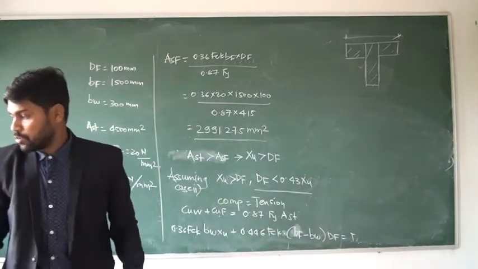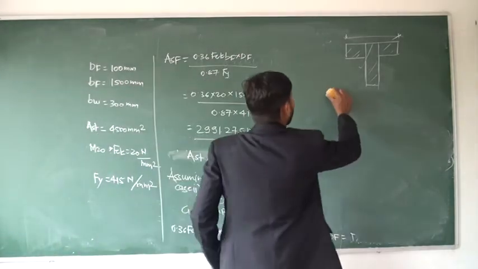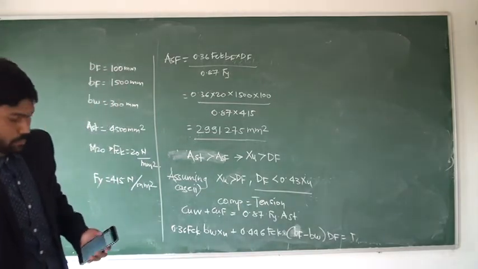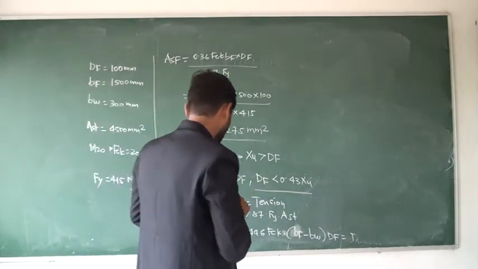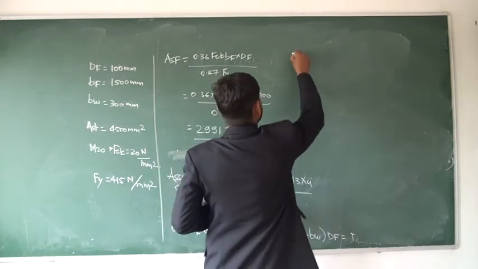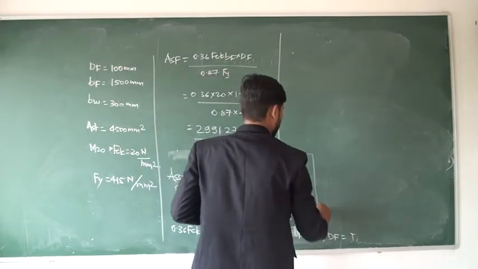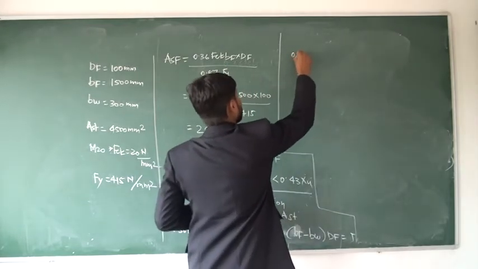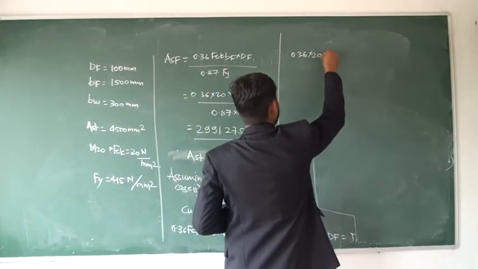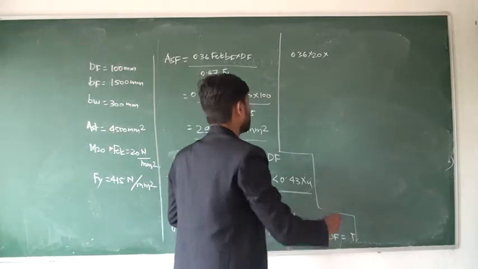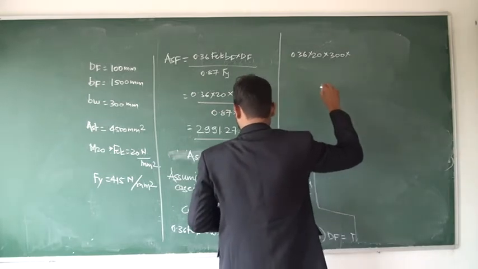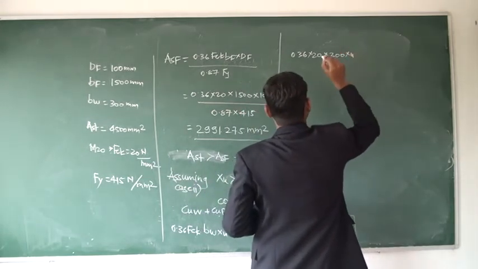Okay. So now just substitute all the values and try to calculate the value of XU. From this we are going to calculate XU. So 0.36, FCK is 20, then BW is 300, then XU we have to calculate.